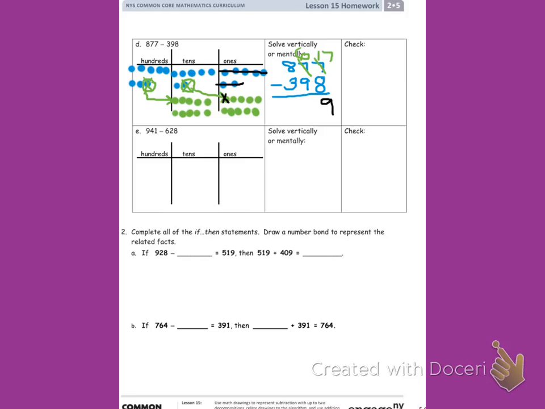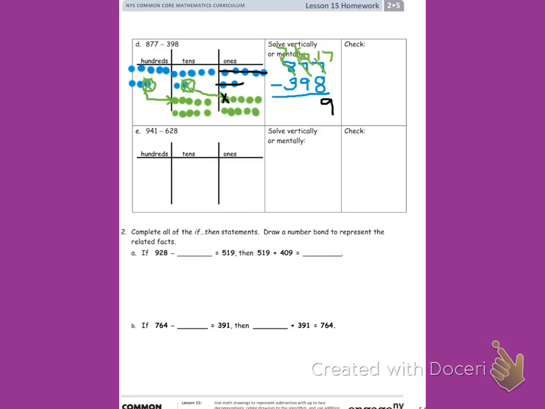Let's go ahead and make those notations on our vertical form. I had 6 tens. I need to take away 9 tens. That wasn't possible, so I unbundled a group of 100. Now I only have 7 groups of 100. And I put 10 tens in the tens place. So I had 6 tens.